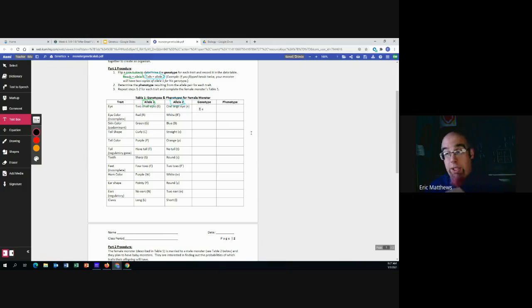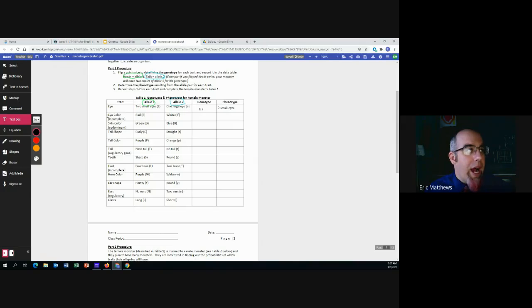Now, what phenotype is that? What physical trait? Well, we look back here. Capital E is dominant over little e, so it's going to have 2 small eyes because the dominant one wins. All right. Now we move on to the next.